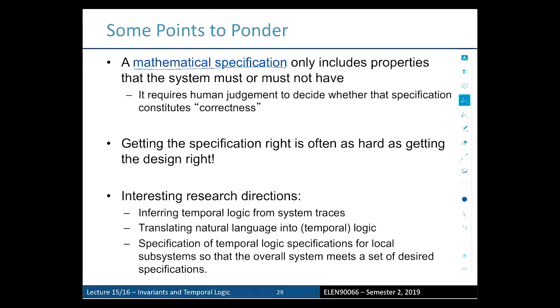Again, it requires human judgment, or in our case, engineers, to decide if that particular specification is needed, necessary, or sufficient for what they want to achieve. Writing specifications in a fancy language doesn't remove the need for us to think about what they mean.